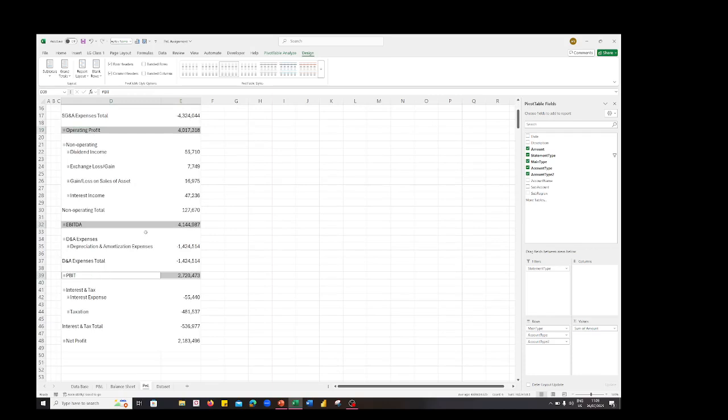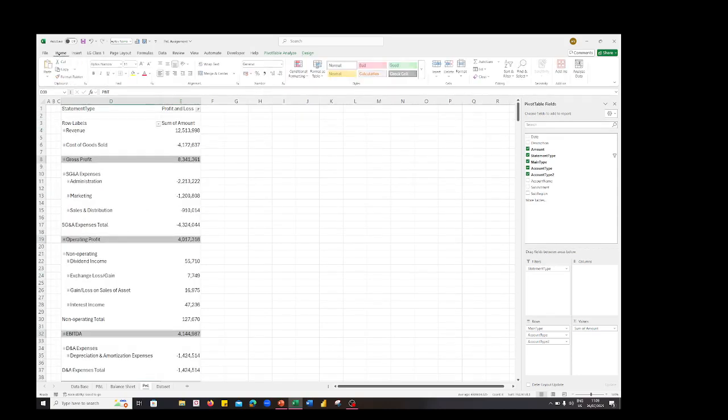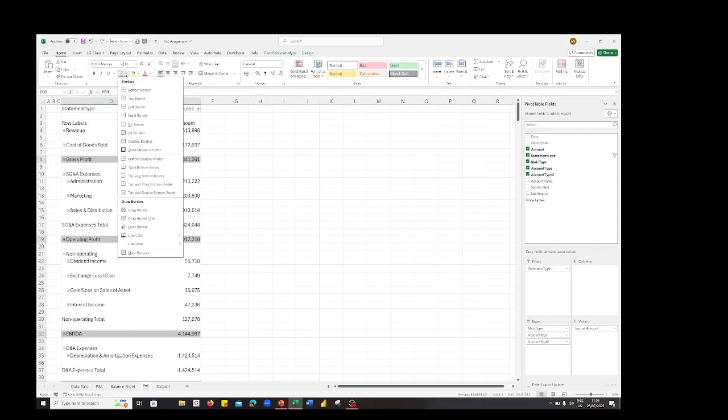This is also a subtotal, except net profit. So we can come here and apply the top and bottom border.